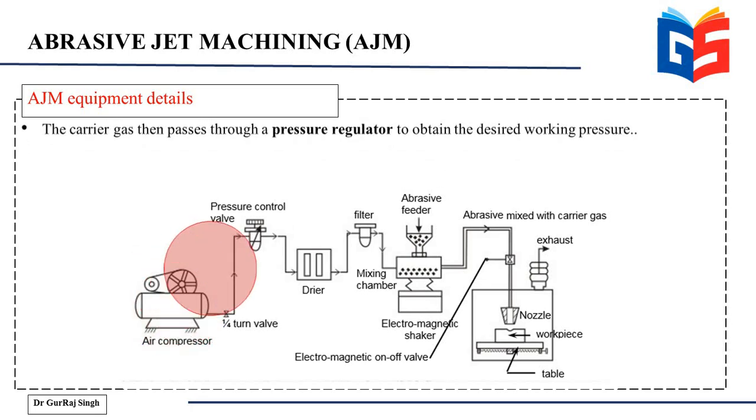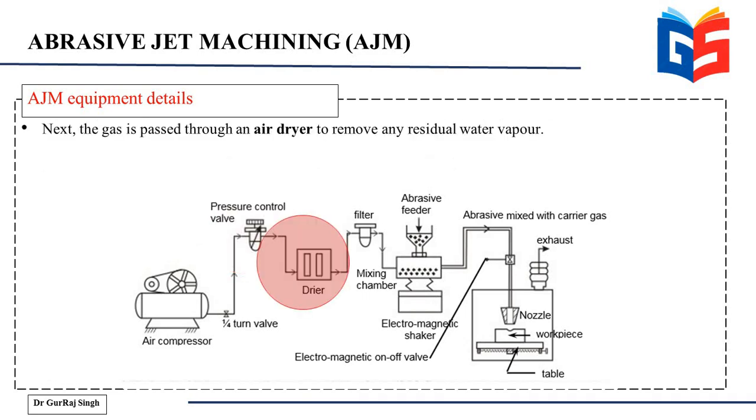Next, you have the pressure control regulator. So this is basically used to obtain a desired working pressure. Next, you have a dryer. Now this dryer is basically used to remove any kind of moisture from this air.